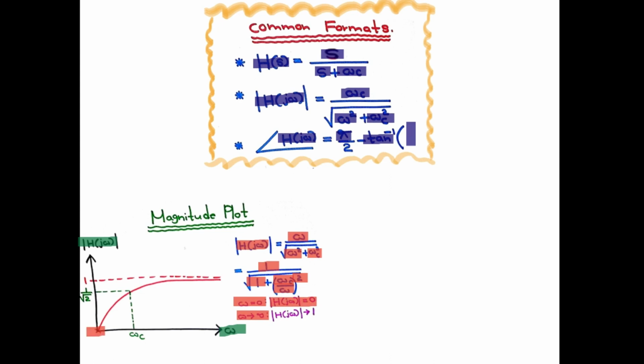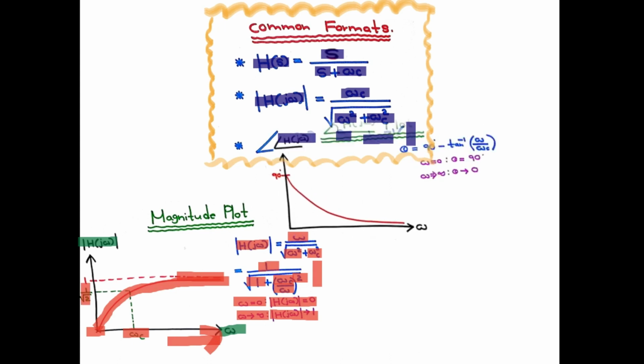Then, when omega goes to infinity, we can observe through this rearrangement that the magnitude of the transfer function goes to 1, like this. So the plot should be drawn like this. I think you got it. The next big thing is the cutoff frequency omega c, which occurs when the value of the transfer function reaches 1 divided by root 2. It's a standard.